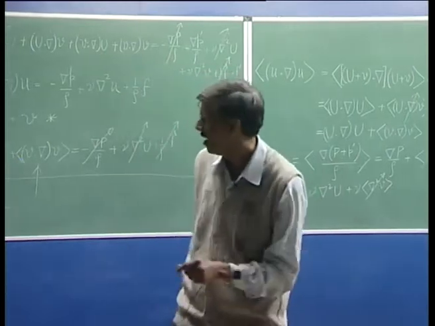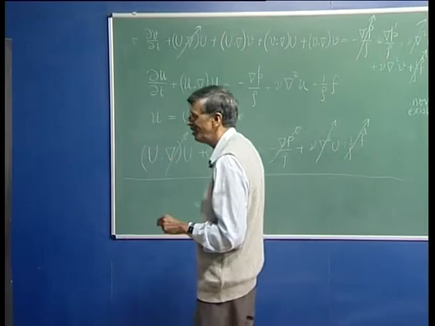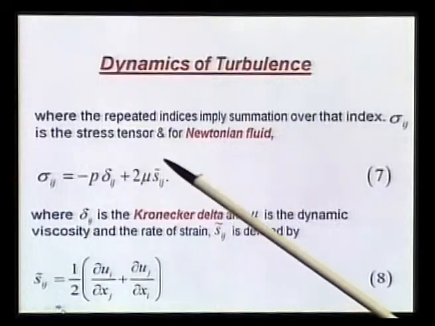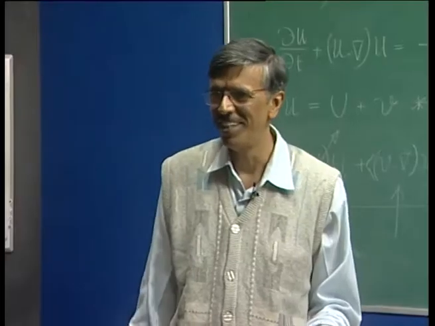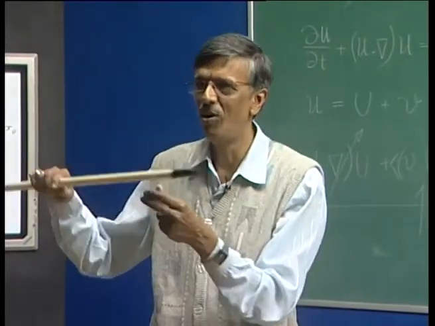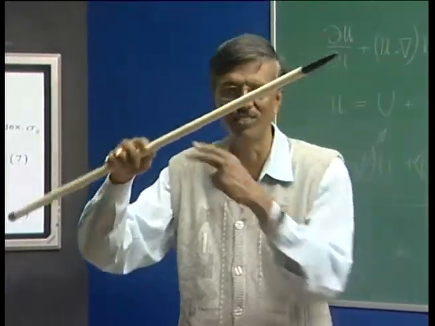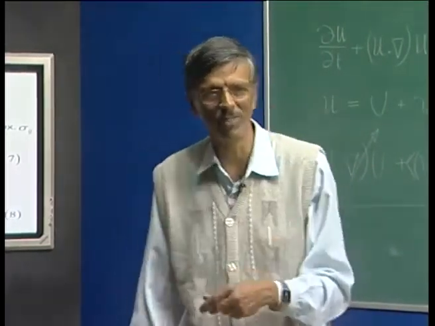Anyway, we will not quibble about it; we will go with the crowd and say stress is proportional to strain. That is precisely what Newton did himself. He took the simple example of quiet flow and said, I apply this strain and this stress appears. So, these are proportional, and this is a proportionality constant.